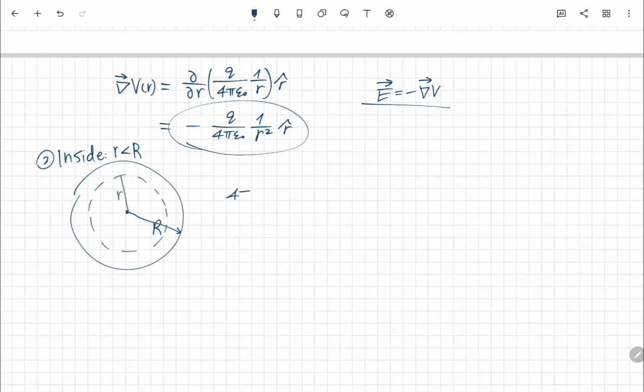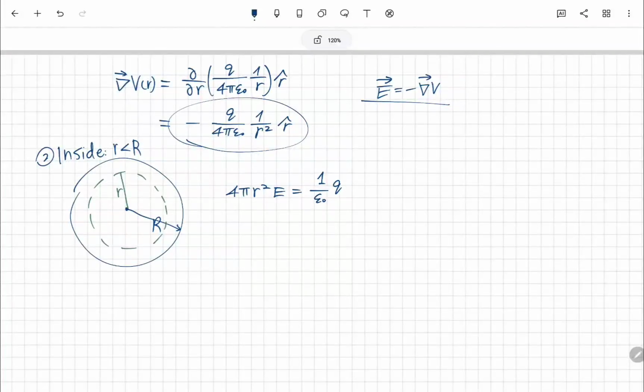So we're doing Gauss's law again. 4 pi r squared E equals 1 over epsilon naught times the charge enclosed. What's the charge enclosed? It's the total Q, but times the fraction between the two volumes of our spheres.